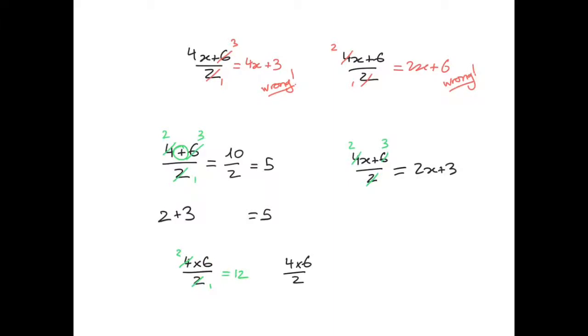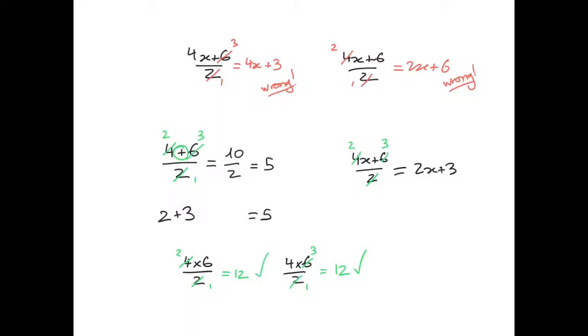You could even here cancel out the 2 with the 6, end up with the 3 and the 1, and again 4 times 3 will make a 12 over 1, which is 12. So here, this cancellation is correct, where this one was not. And this comes from the fact that here you have a multiplication, and here you have an addition. So keep in mind that these cancellations behave very differently.